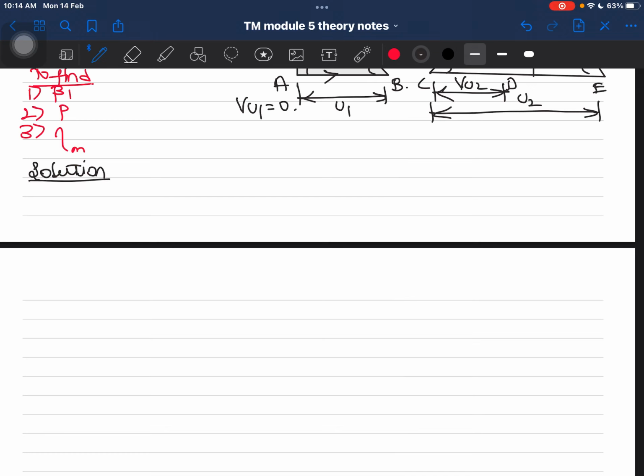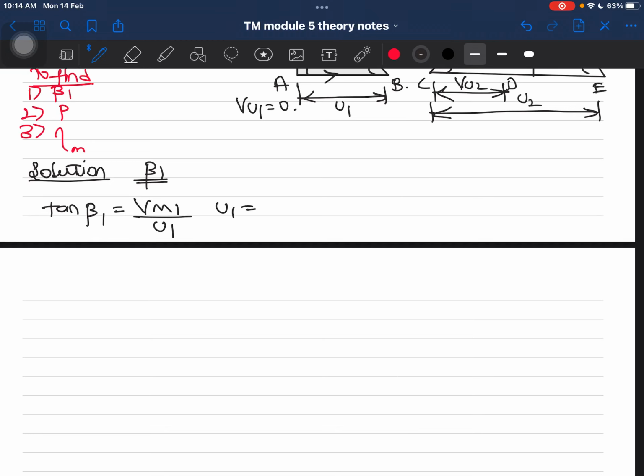Solution. First, let us calculate the value of beta 1. As per the last problem, tan beta 1, applying in the inlet velocity triangle, tan is opposite by adjacent, so it is Vm1 divided by U1. The value of Vm1 is clearly given in the problem.